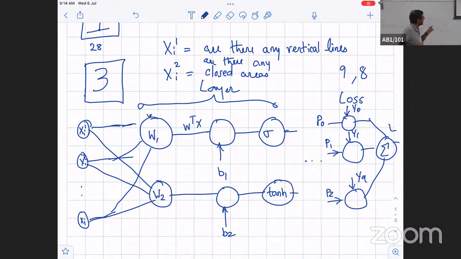So are you saying that you need to decide what output should come at each of these neurons? Yes. Yeah, but that training data has been given to you.